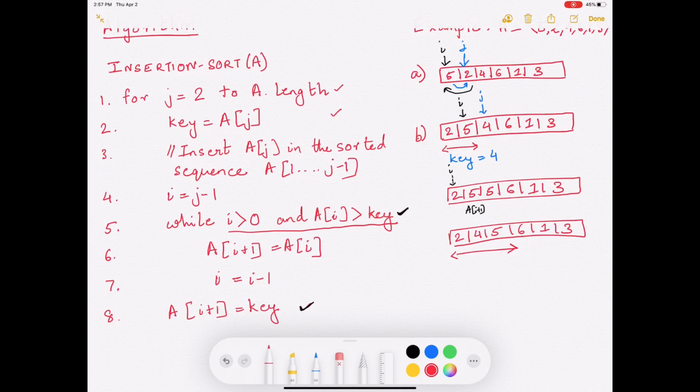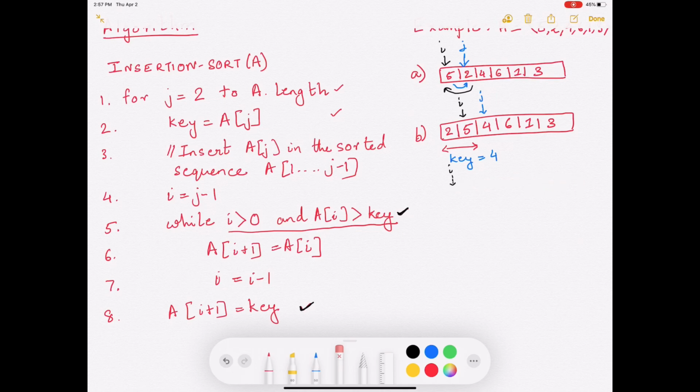Okay, so if you want to keep just the first picture, I'm going to erase all this here. And what we will have is 4 move here and 5 move here. That is what is happening.